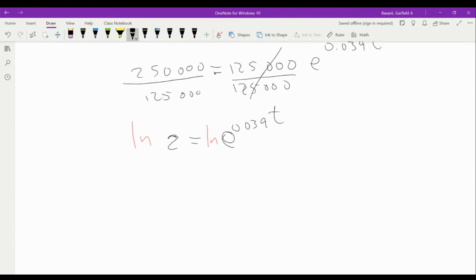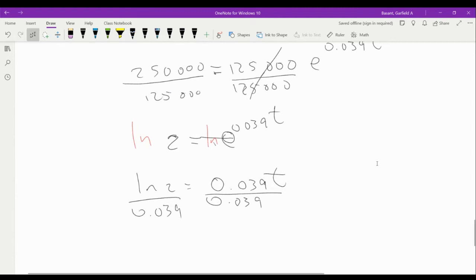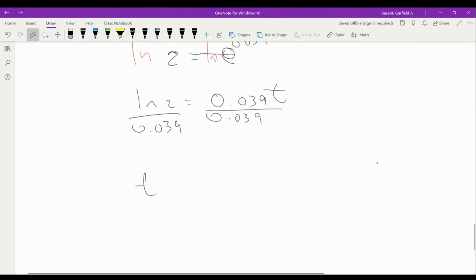If you take the natural log of the right side, this becomes 0.039t, because the natural log will cancel out the base e here. If we divide both sides by 0.039, we'll get t is equal to the ln of 2 over 0.039.